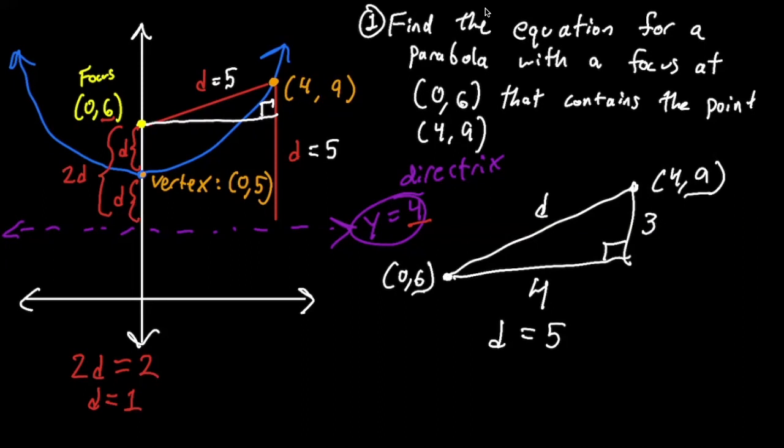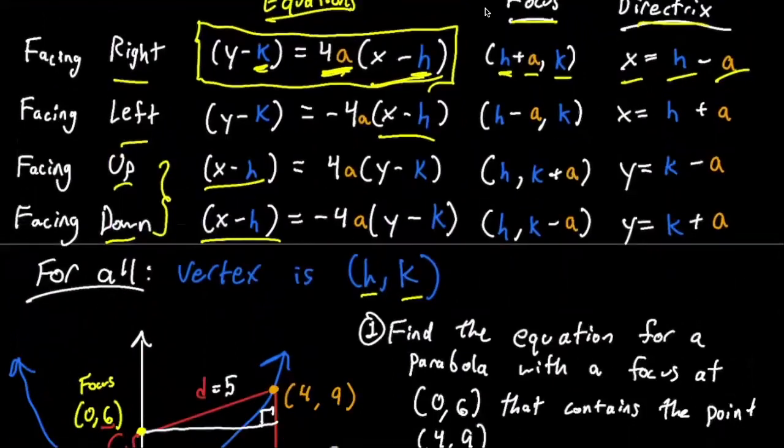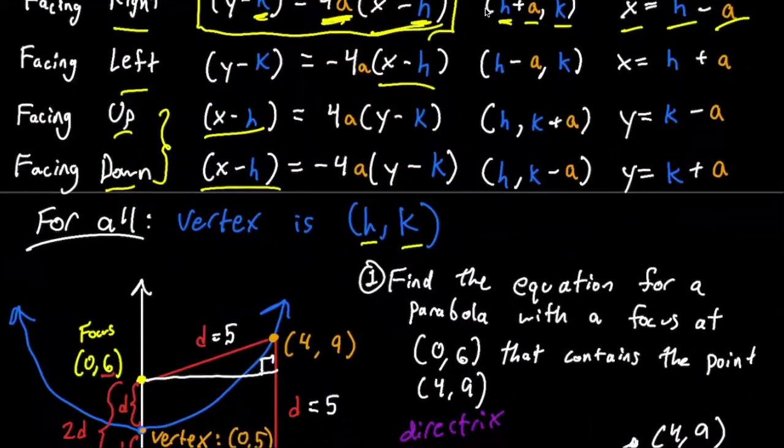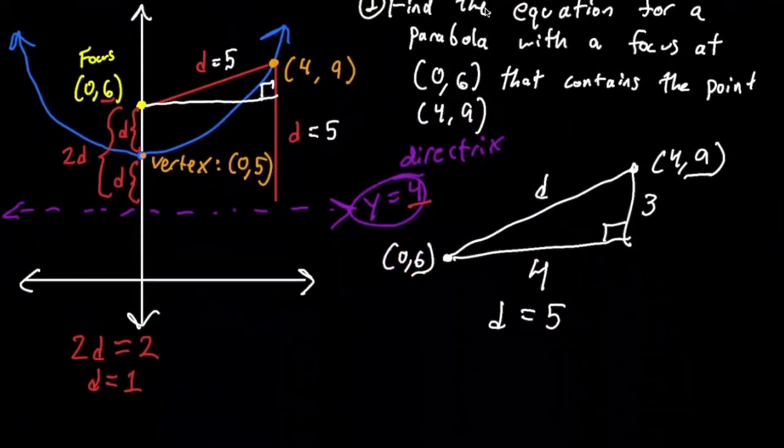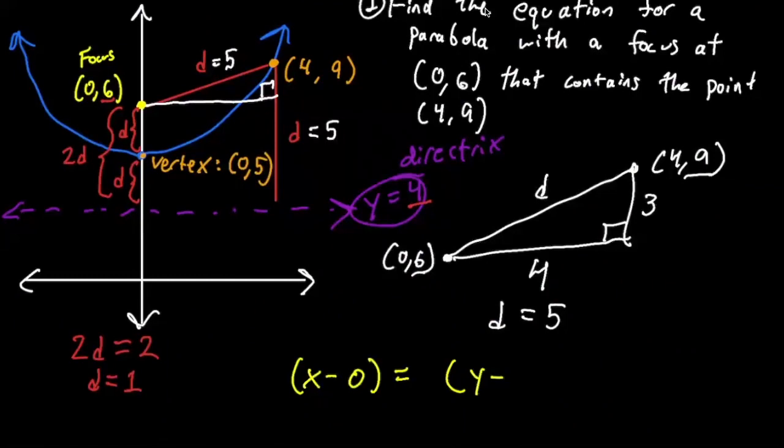Okay, great. So if we want to write our equation like we see up here, we have a parabola that is facing up. So we're looking at this row here. We can see our equation is (x minus h) squared equals 4a times (y minus k). So to start off, we have x minus h, y minus k. x minus the h value of our vertex, which is 0, so x minus 0 is equal to, and then we have a 4a in front, and then y minus the y value of the vertex, which is 5.